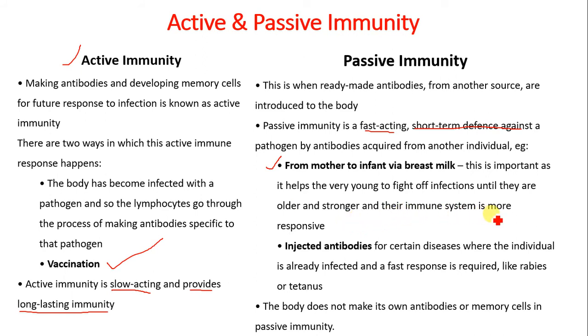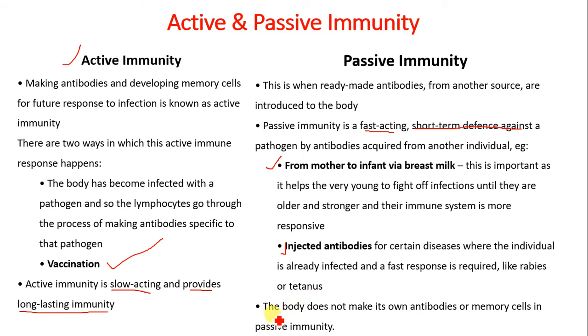The antibodies found in the breast milk are used to fight against infection in the baby until the baby's immune system is strong enough to defend itself and produce lymphocytes and phagocytes. Injected antibodies are another form of passive immunity, for certain diseases where the individual is already infected and a fast response is required, like rabies and tetanus.